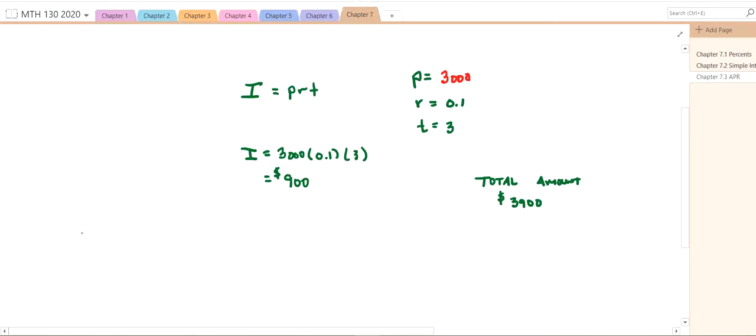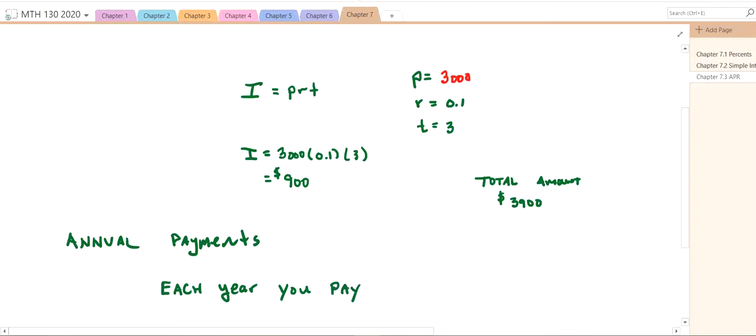Let's say you have annual payments. Which means that each year of the 3 years, you get a pay stub book, and each year you have to pay $1,300, which is 1/3 of 39. So 1,300 times 3 equals 3,900.